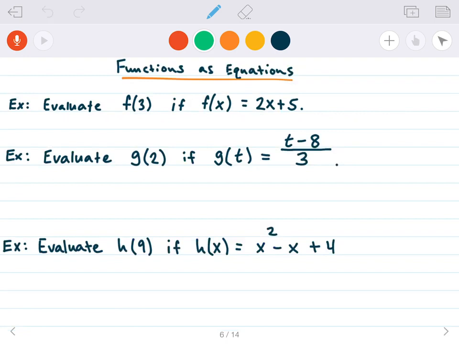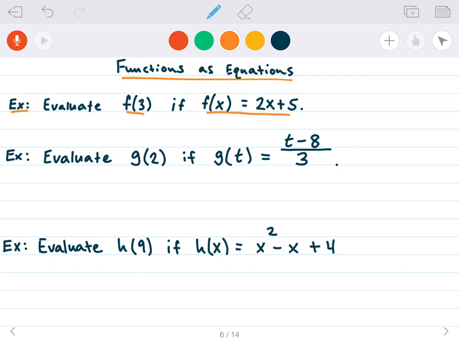So let's talk about evaluating functions as equations. A couple of slides ago, we looked at the function f of x equals 3x, and we evaluated it at some inputs. So we're going to do the same thing for these. The first example says evaluate f of 3 if f of x is 2x plus 5.